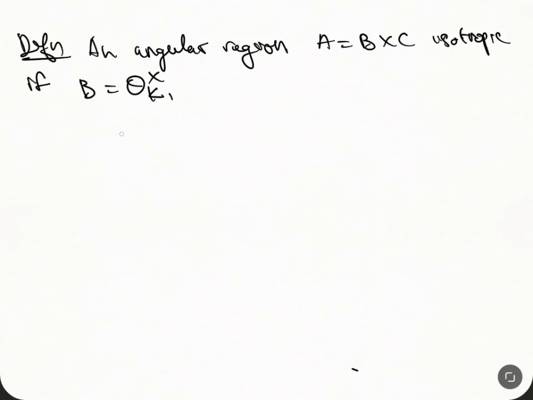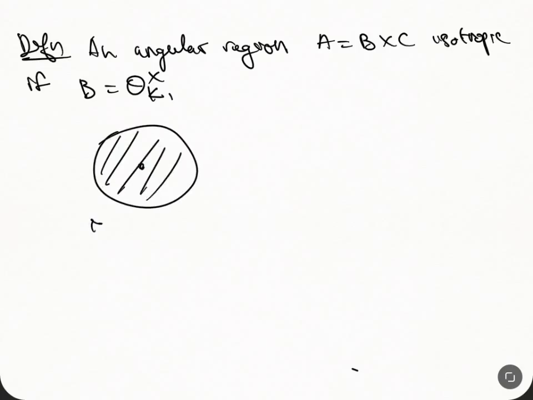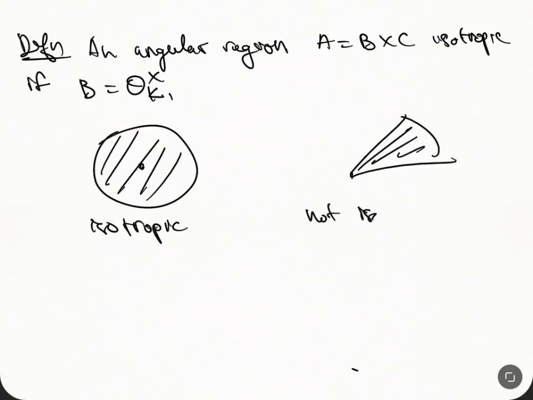Okay, so this region here is isotropic. But if we just have a piece like this, this is not isotropic.